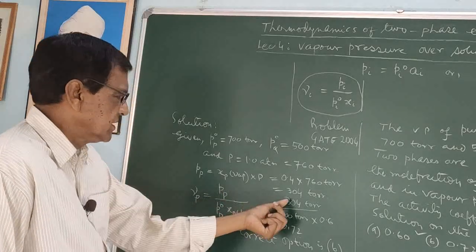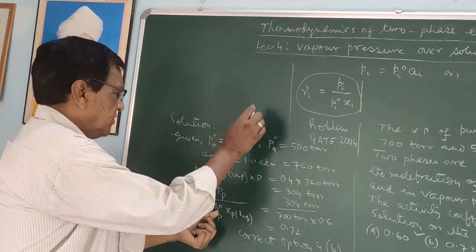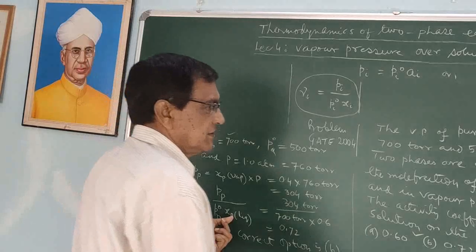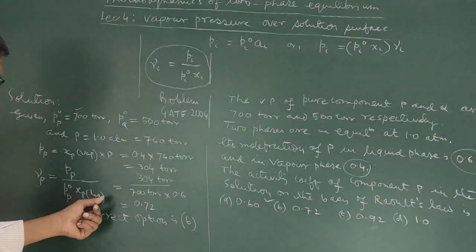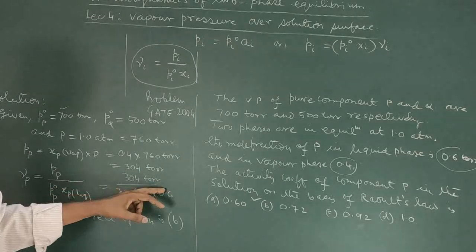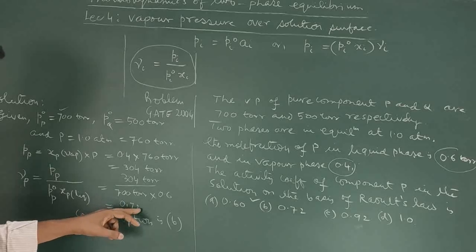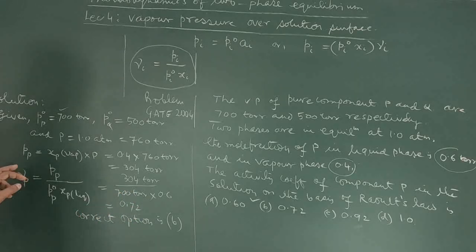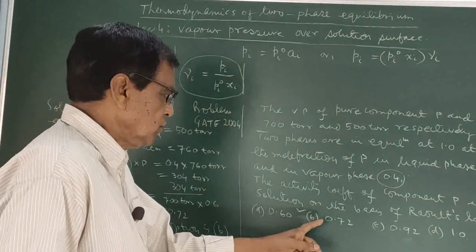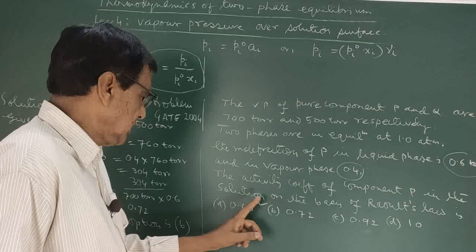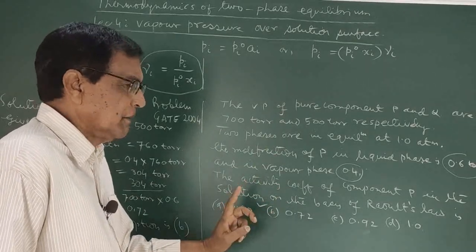This one is 304 torr, this one is 700 torr, and this one is given as 0.6. Putting all the values here, gamma P comes to 0.72. So the activity coefficient of component P in this solution is 0.72, and the correct option for this problem is B.